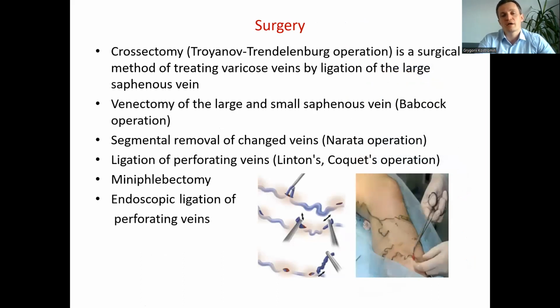Venectomy of a large and small saphenous vein, Babcock operation, segmental removal of changed veins, Narath operation, ligation of perforating veins, Linton's and Cockett's operation, miniphlebectomy, and endoscopic ligation of perforating veins.